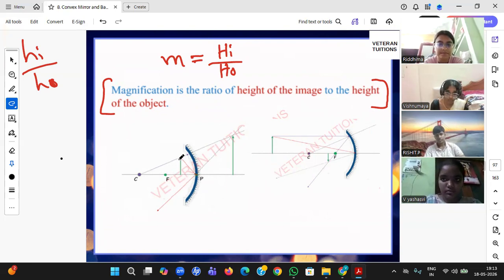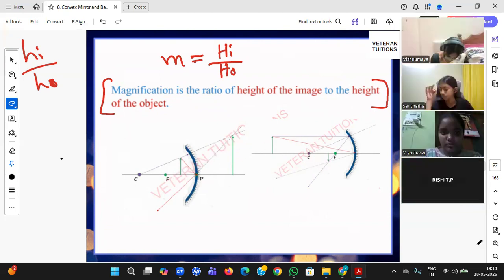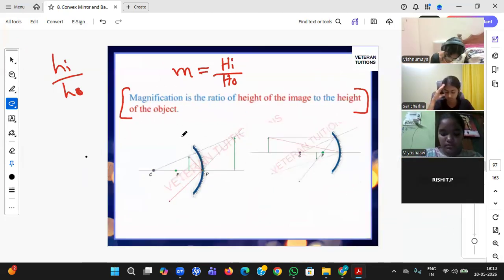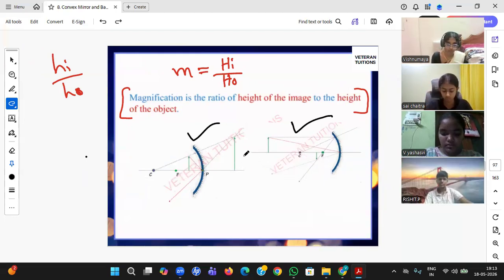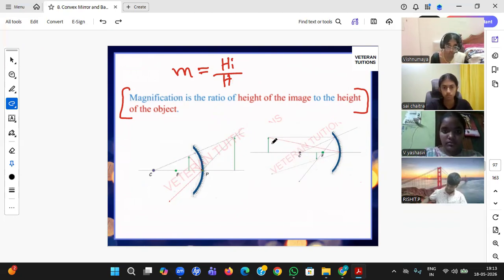Students, even though we can use the words enlarged and diminished, whenever the question asks about the magnification factor, it covers both cases. If asked to find the magnification, you should not say, sir, here there is no magnification. So we can't give the answer wrong. Enlarged, right? Diminished, right? But if I say the word magnification, it is both cases.